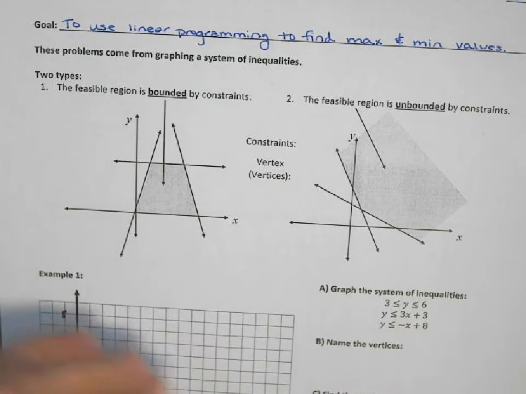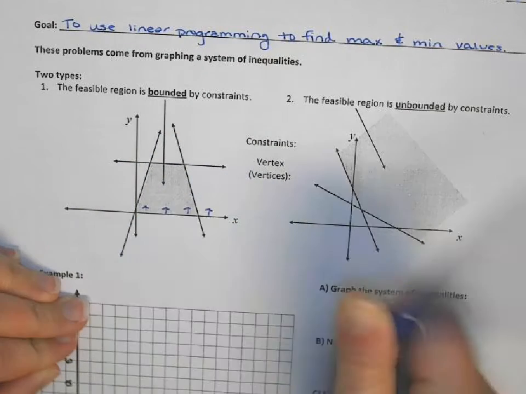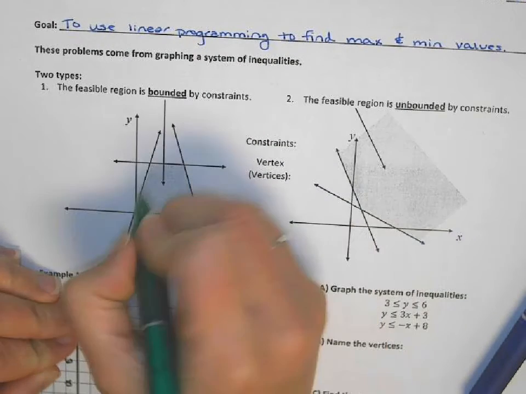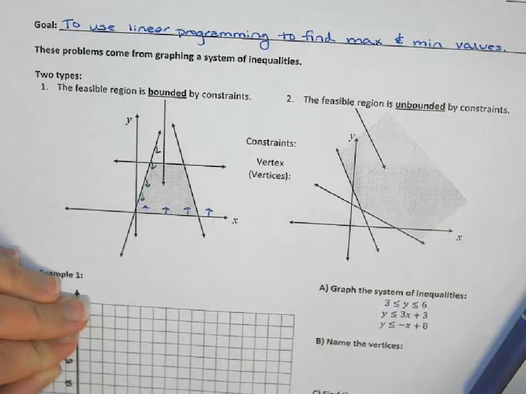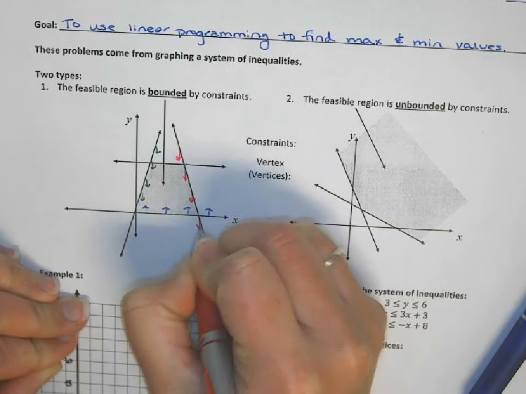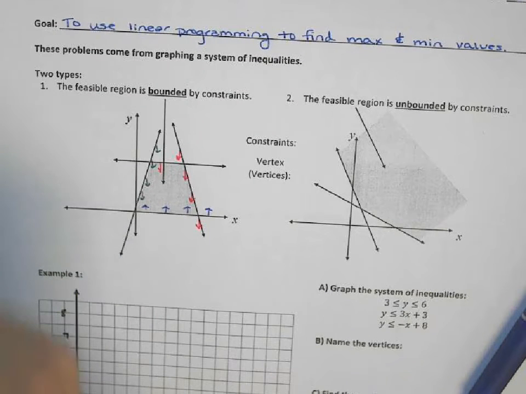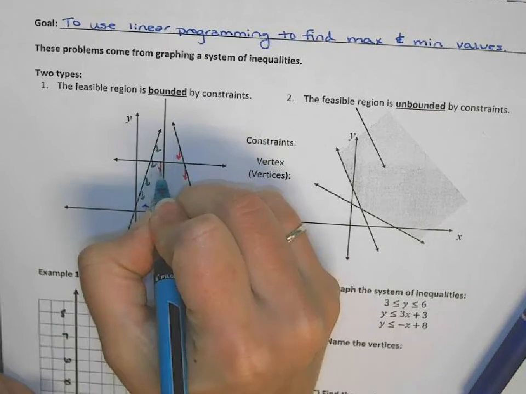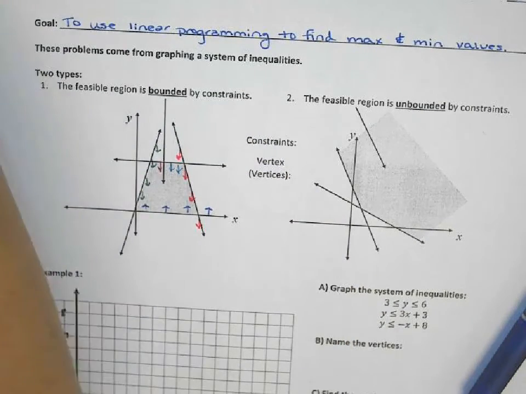And you can see that it would have to be greater than this line, less than this line, less than this line, and less than, I need a 4th color, less than this line.